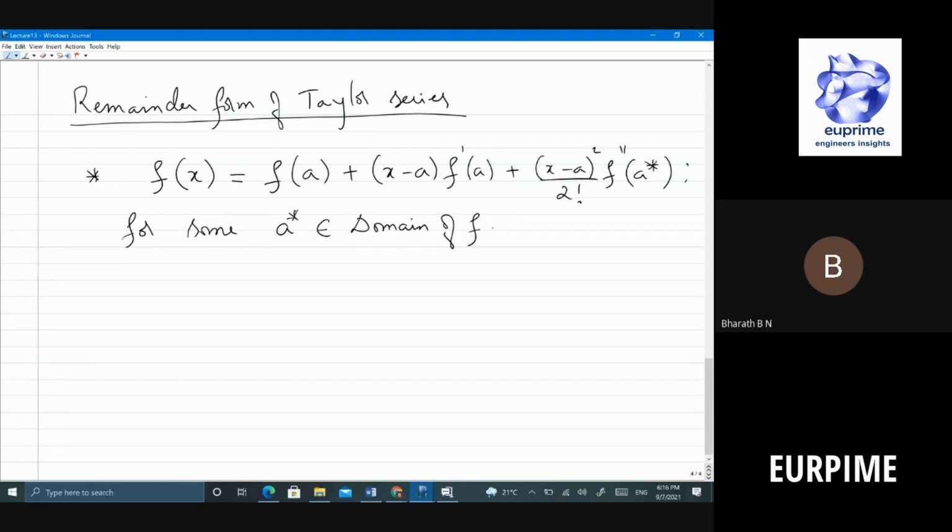Okay, you know what the domain is, right? Set of all x which gets mapped under f. That is your domain. Okay, why is this true? Any idea? Can you guess why it is true?